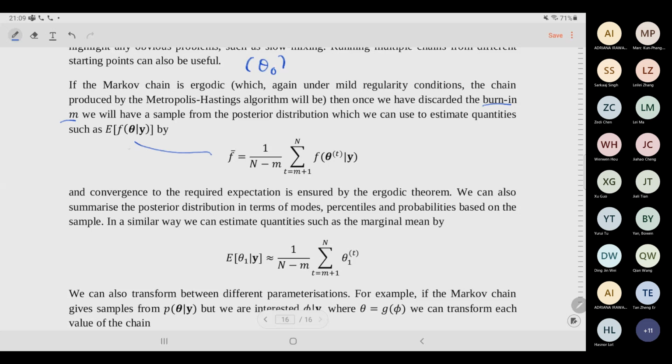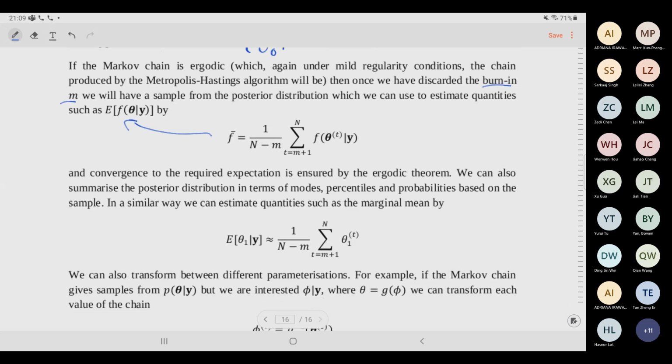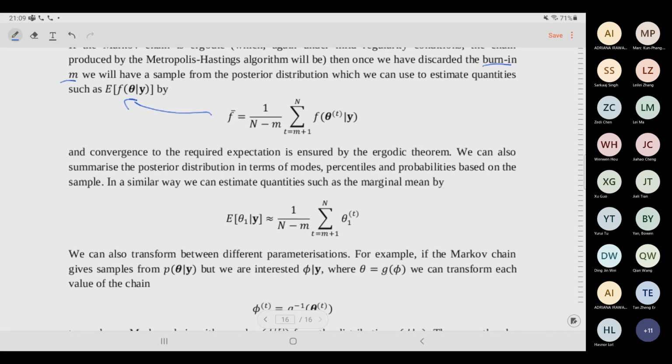Okay, by theory. We can also use it like what we did in chapter 3. We can find the mode, percentile, probabilities, right? So we can actually use the sample. Instead of using the theory, we can use the empirical value, or empirical mode, or the empirical percentile, or the empirical property.